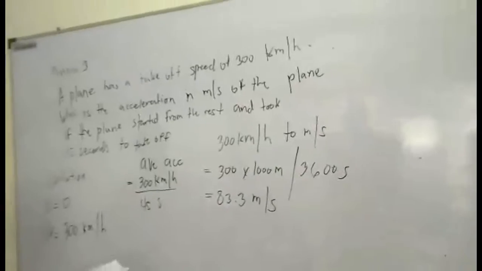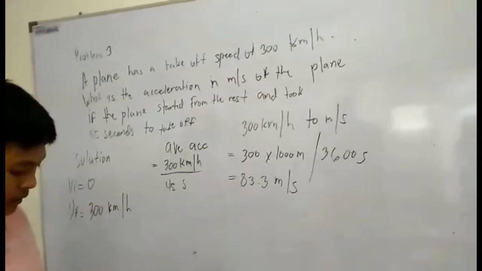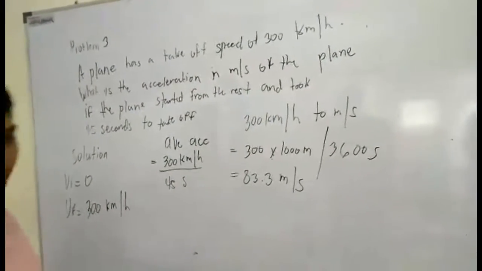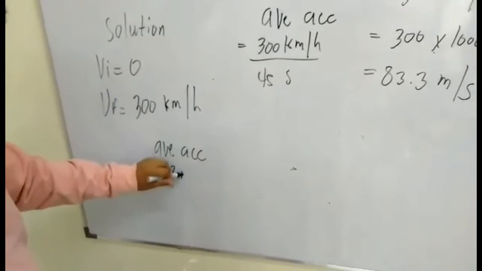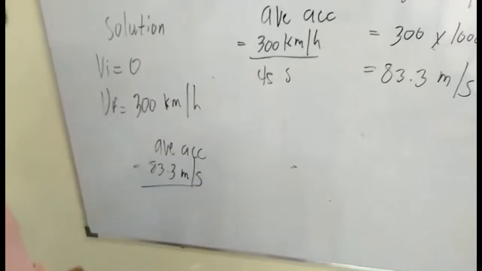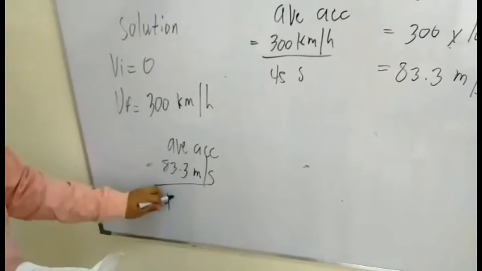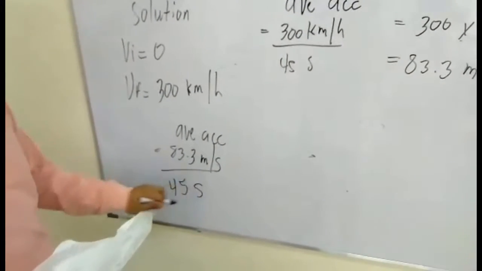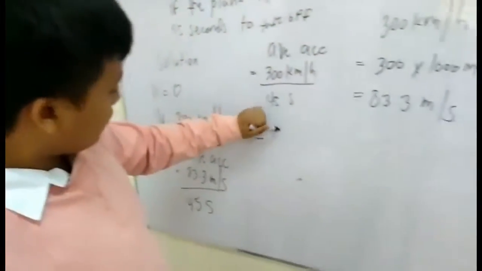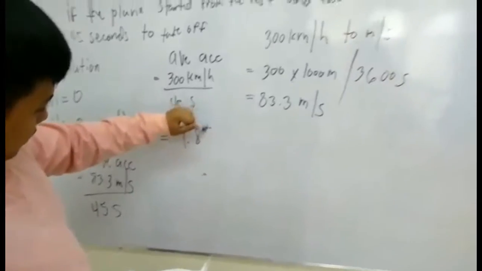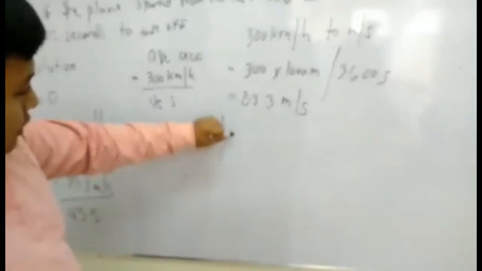We now compute the average acceleration with meters per second. 83.3 meters per second over 45 seconds. So we compute, the answer is 1.85 meters per second squared.